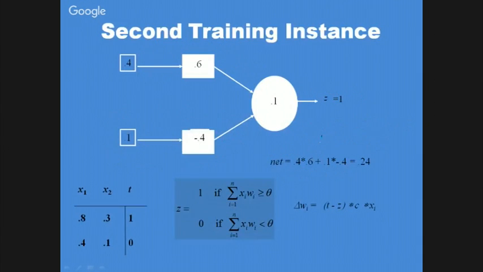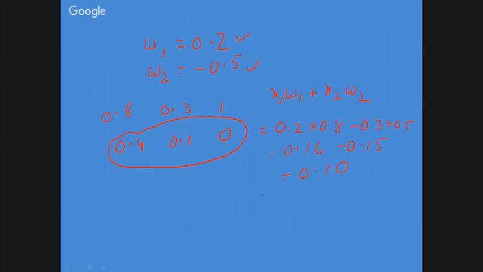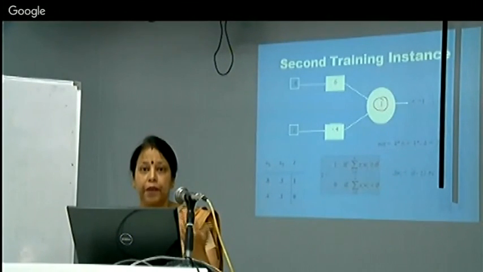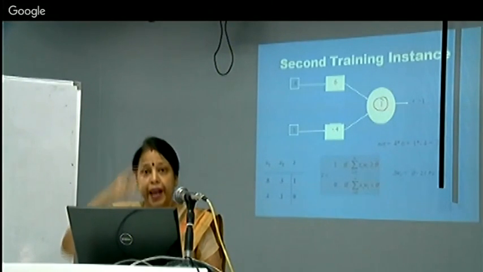Now in our case, theta is also 0.1. That means if it is greater than or equal to theta, then we will get 1. So in this case it is equal to theta, so the output will be equal to 1, right. So we first considered W1 and W2 as 0.6 and 0.4, but finally you do the updation, and with the new updation you have to do it again.